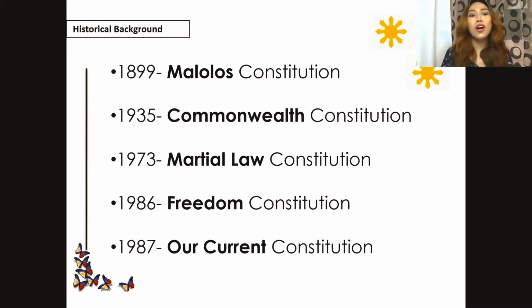For the 1899 Malolos Constitution, if you will remember, the Philippines was under the Spanish regime for 300 years. During those times, heroes started to rise, and one of the most famous heroes that we recognize even until now is Andres Bonifacio. Andres Bonifacio started the Katipunan. However, a political feud ensued between him and General Emilio Aguinaldo.